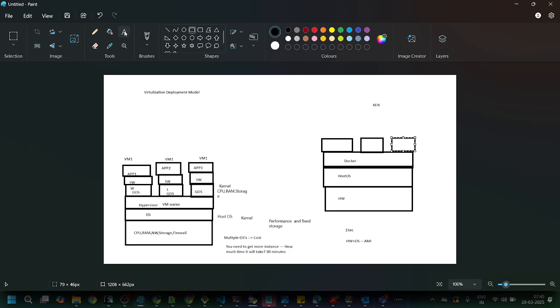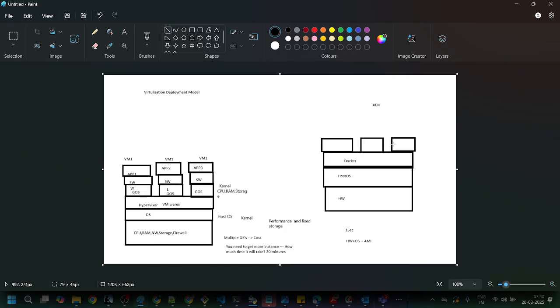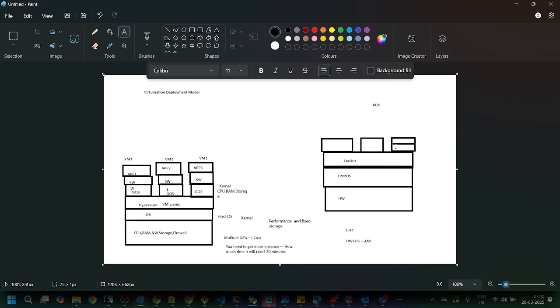This box contains Python. If you want to run a Python application, it has the Python libraries. On top of that, you can install your application. This box is called a container.